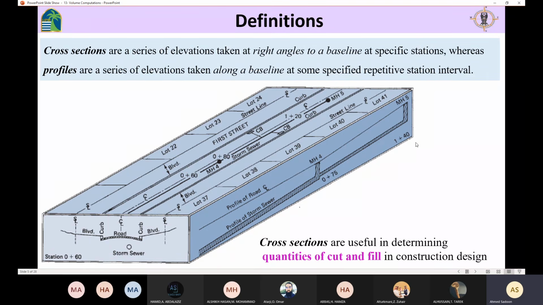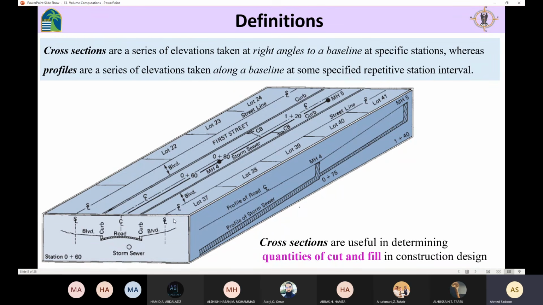The view from here is the profile and the view from here is the cross section. The cross sections are useful in determining the quantities of cut and fill. So I'm going to introduce how to use the cross section in order to determine the quantities of cut and fill in construction design.